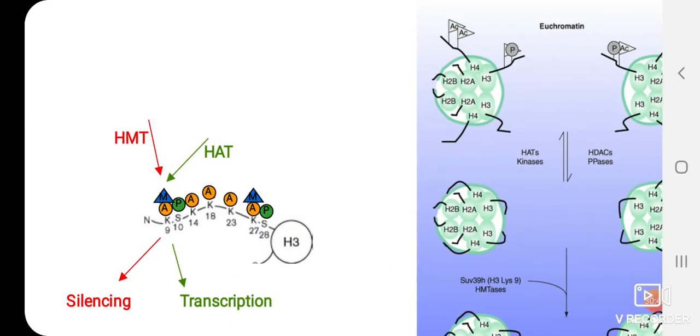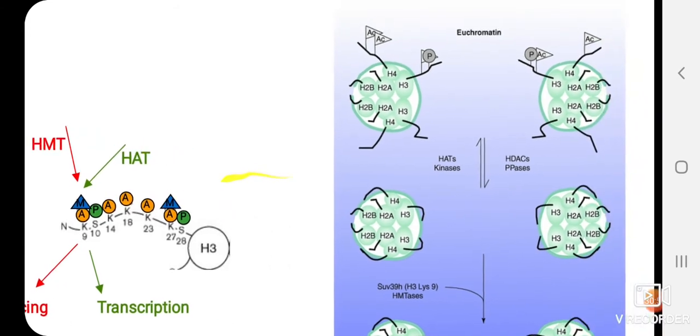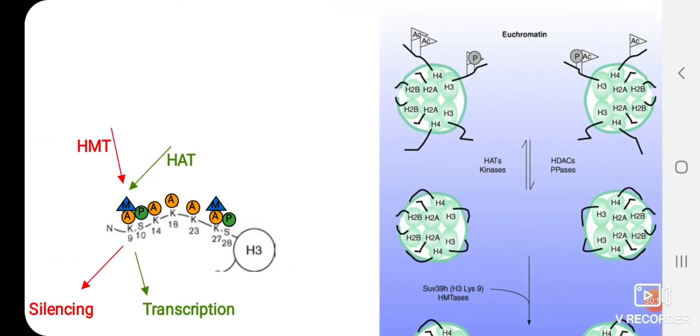So how this molecular switch acts, you can see. Methylation at H3K9 converts a particular DNA portion into a heterochromatin structure where it becomes non-available for transcription.